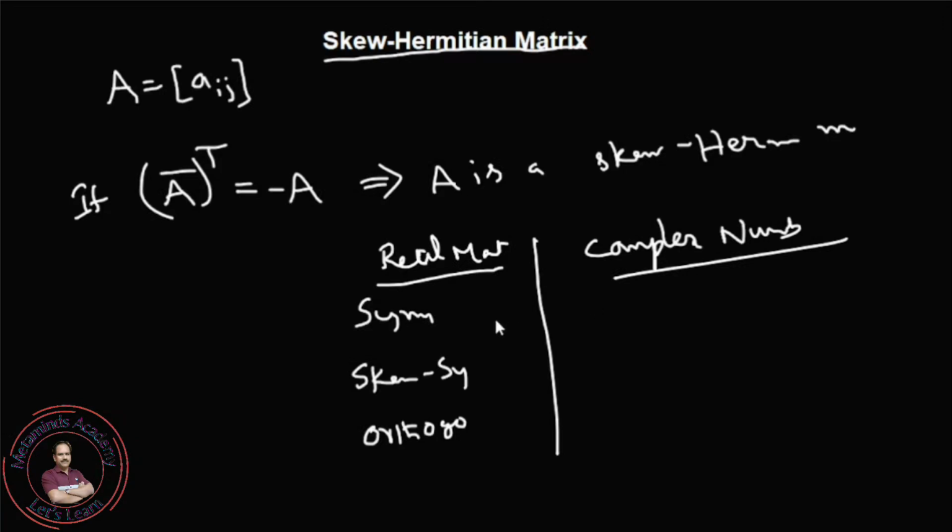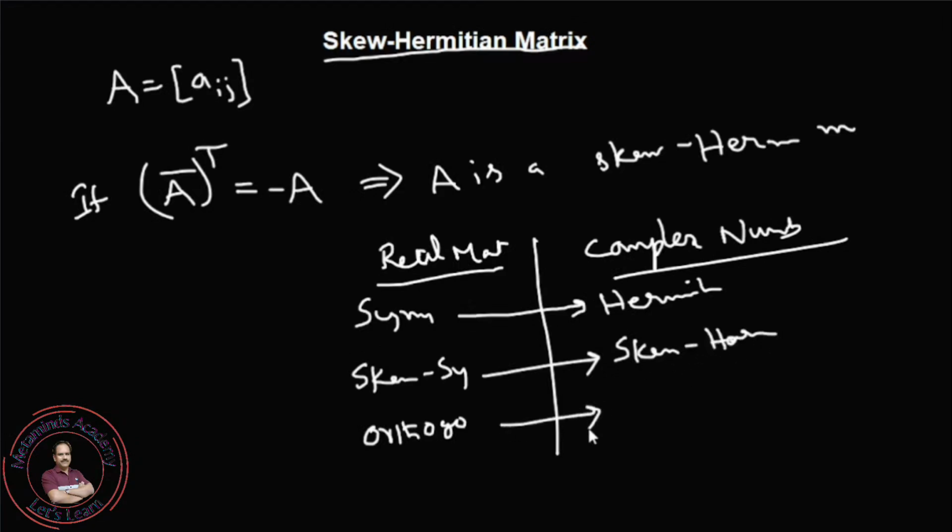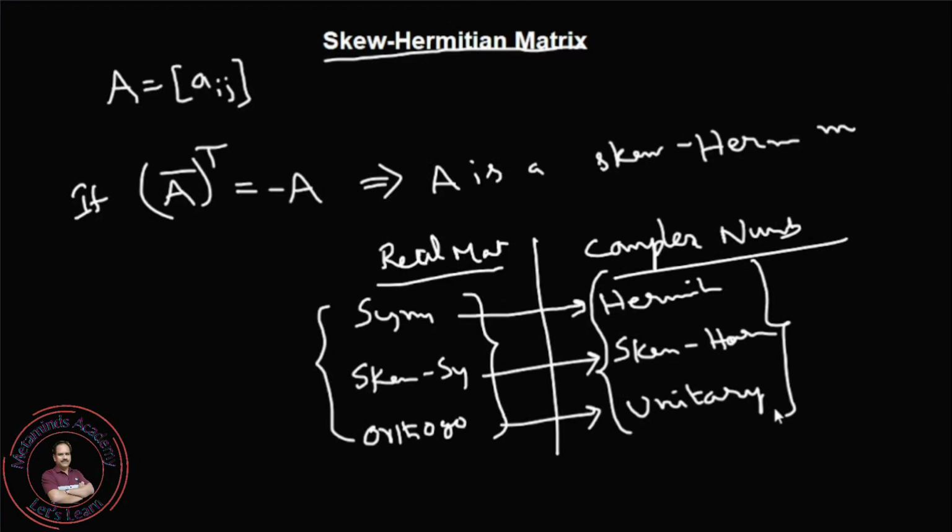So for complex numbers, the analogous concept of symmetric is Hermitian, the analogous concept of skew symmetric matrix is skew Hermitian, and the analogous concept of orthogonal matrix is unitary. These three concepts for real matrices have their counterparts for complex matrices. That is why we take the complex conjugate here.